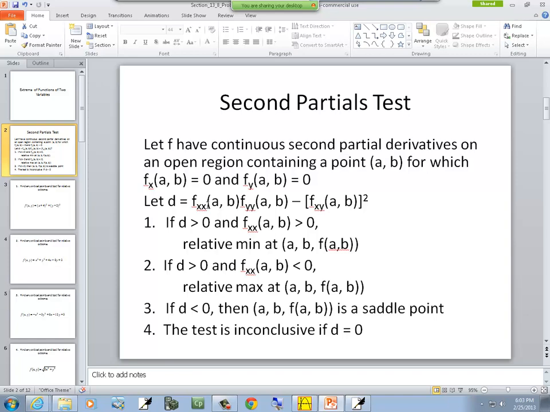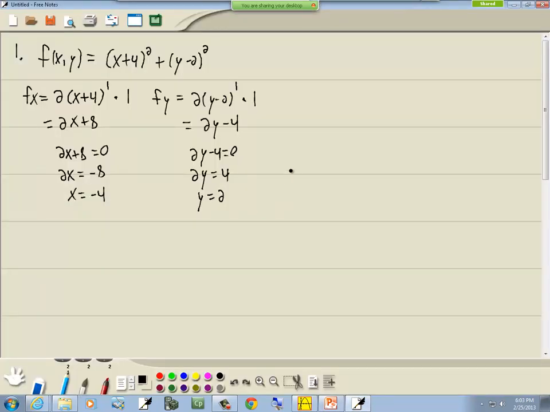Now we need to find our second partials. So let's do that. I'm going to take the partial with respect to x, which was 2x plus 8, and take it again with respect to x, which gives us 2. We'll take the partial with respect to y, which is 2y minus 4, and take it again with respect to y, which gives us 2.